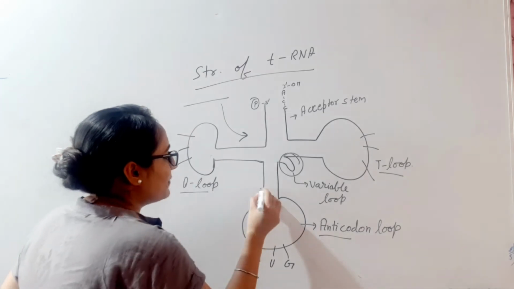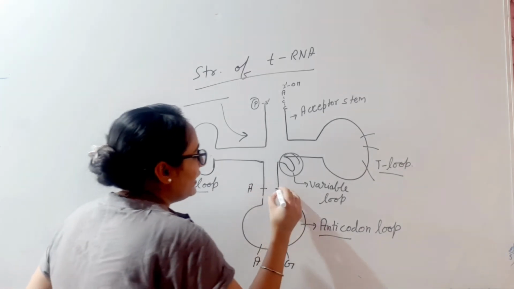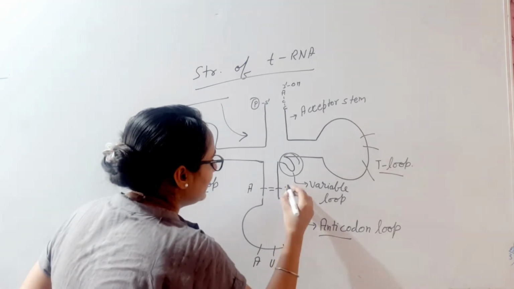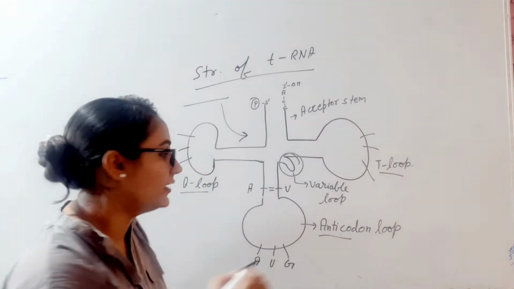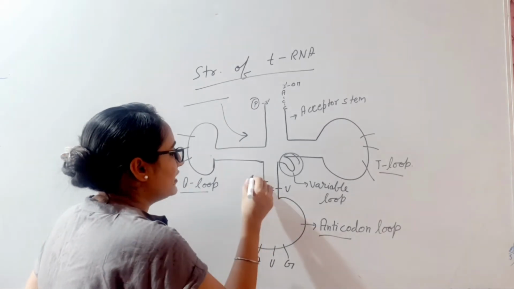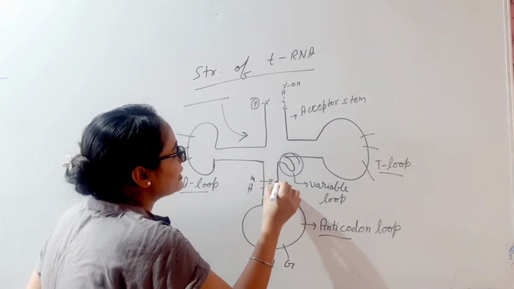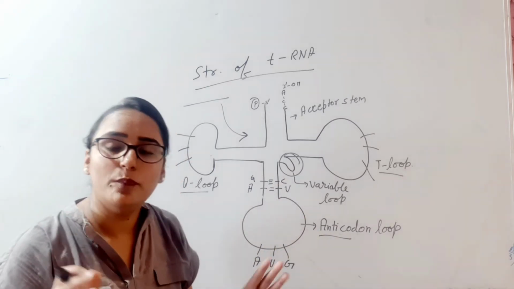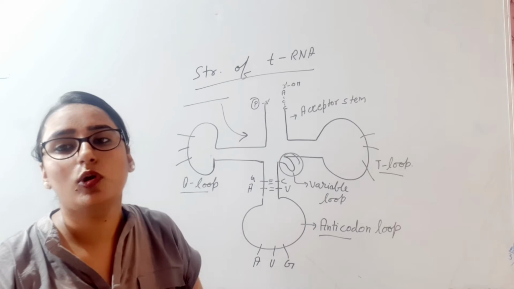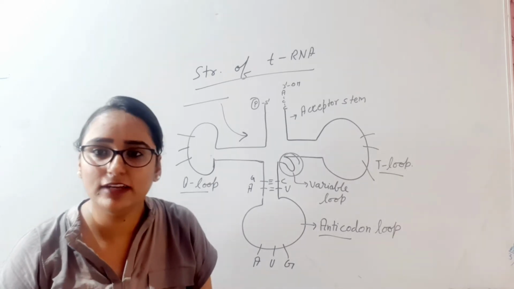Suppose here is A and here is U, not T, U in case of RNA. So this A and U get base paired. Suppose here the G lies, so this G also base pairs with the C. Based on this complementarity principle, this RNA molecule gets folded into a clover leaf-like structure.